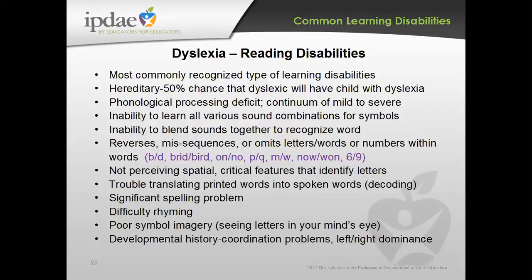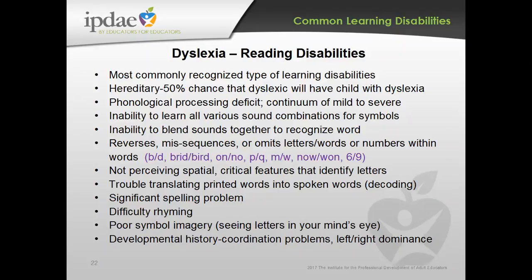That concept of reversals, because they're not processing the letters properly, is one of the standards of dyslexia. They just don't perceive spatial things, whether it's letters or numbers. They have difficulty translating printed words into spoken words, which is called decoding.